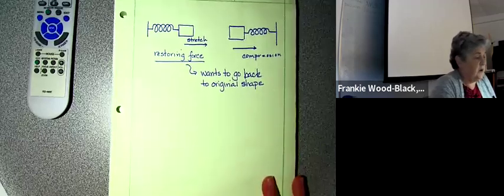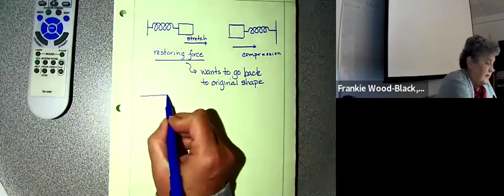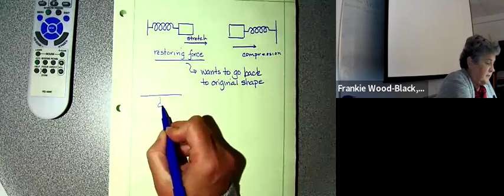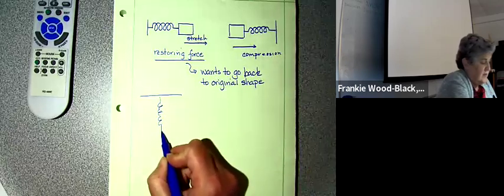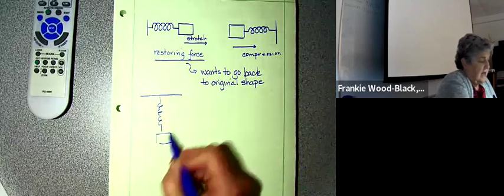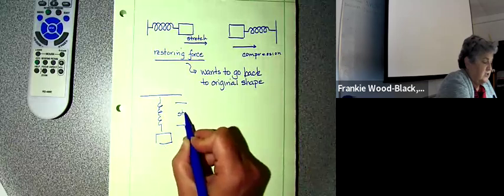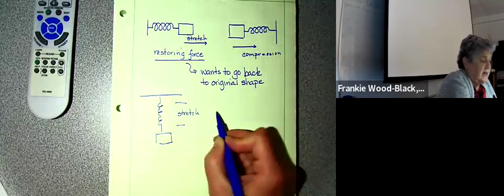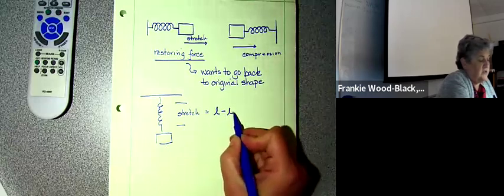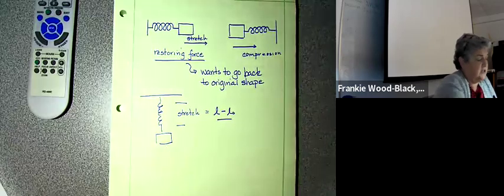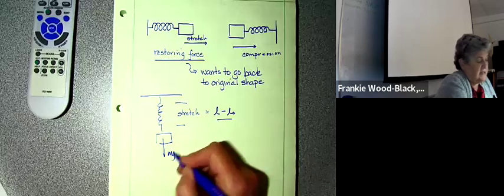In fact, we're going to play with this later on in one of the labs, and we can look at it hanging down, for example. And I can look at this stretch, and the stretch is defined as our new length minus the original length. That gives us our stretch. I have the weight of my mass at the bottom.